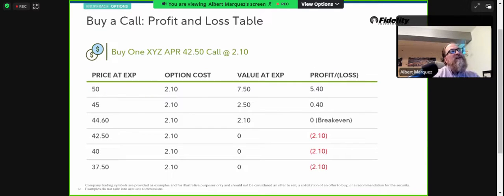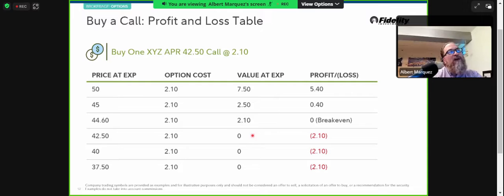All right, so here we have our scenario. We bought that one XYZ April 42.5 call at $2.10. The first thing we'll look at is 42.5. What if the underlying stops right at $42.5 a share? Well, we paid $2.10 for the option, and the value at expiration will be zero because it's landed right on the strike, 42.5.